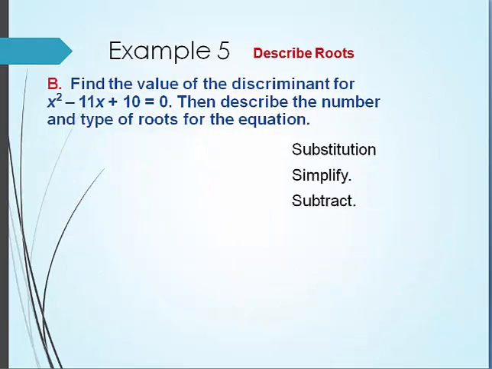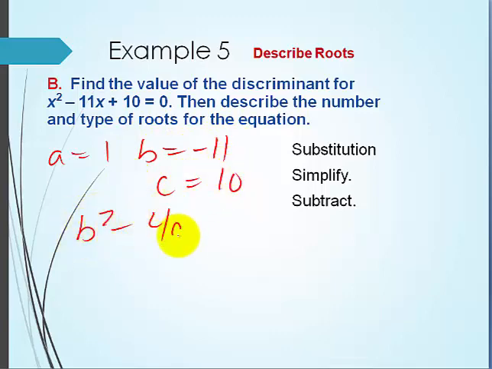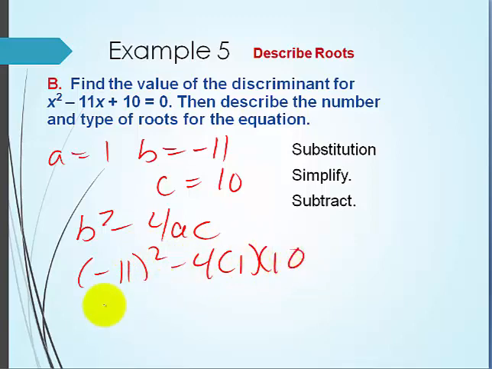Let's try another one. Our a is equal to 1, our b is equal to negative 11, and our c is equal to 10. We sub that into our formula, which is 81.